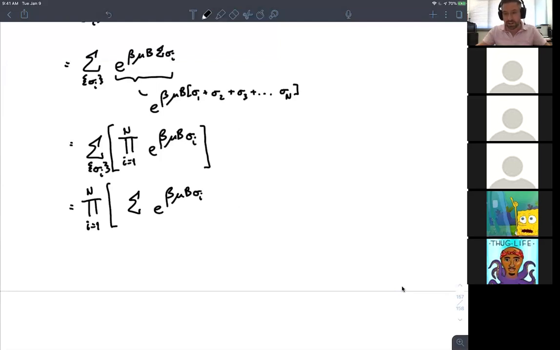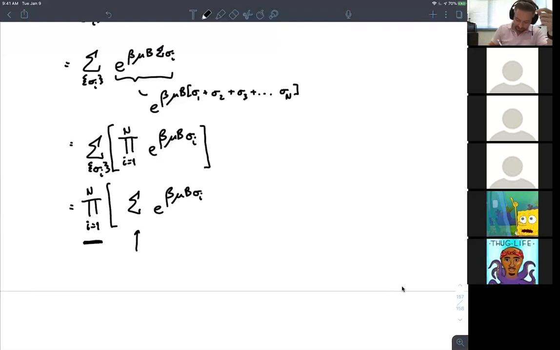And now the nice thing is when you do this, essentially you're taking care of each individual spin configuration. The responsibility for that now has essentially been drafted into this product operator. So now when you take the sum, instead of having to sum over all possible spin configurations, all you have to do is just sum over the possible values of each individual spin.